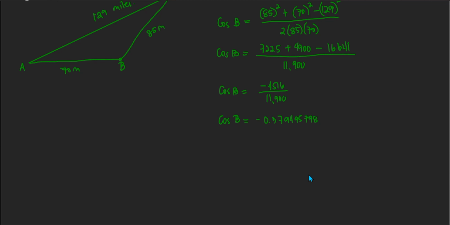Okay? So angle B is equal to cosine negative 1. Then we have negative 0.379495798. So yung angle B natin is equal to shift cos answer is equal to 112.30 degree.